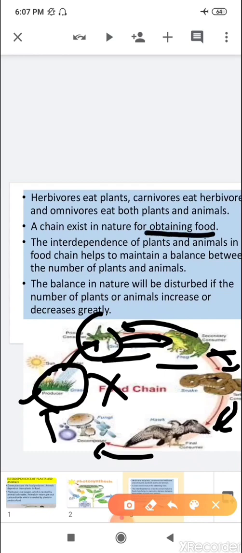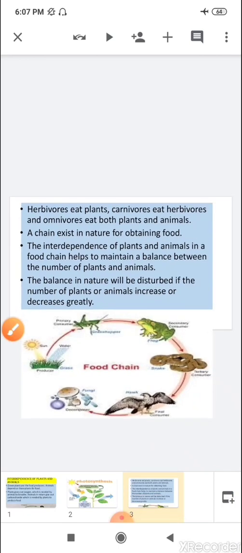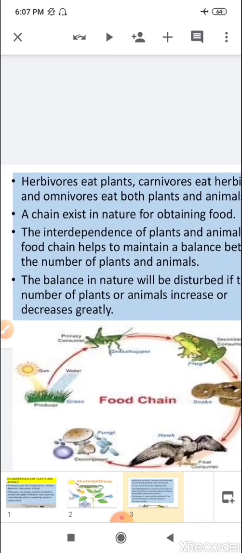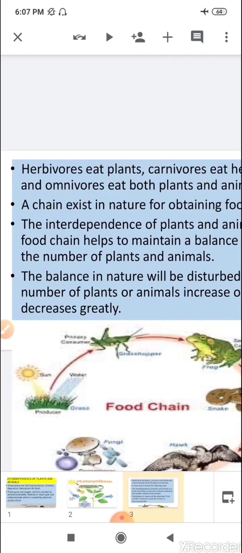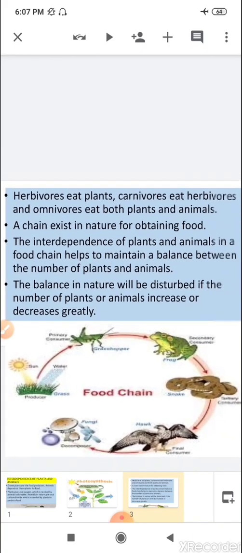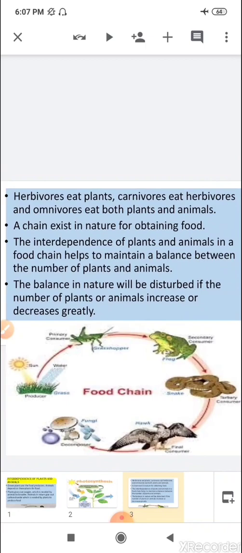The interdependence of plants and animals in a food chain helps to maintain a balance between the number of plants and animals. The balance in nature will be disturbed if the number of plants or animals increases or decreases greatly. So children, we should protect nature to make sure that the balance is not disturbed.